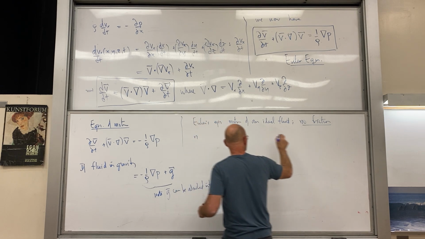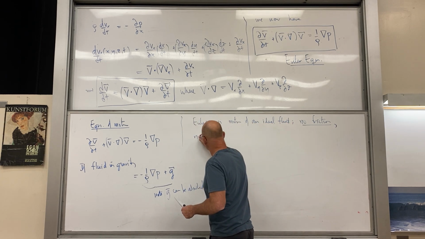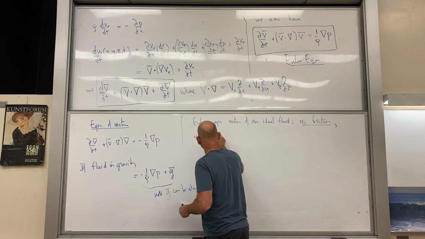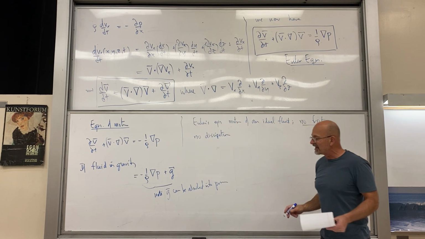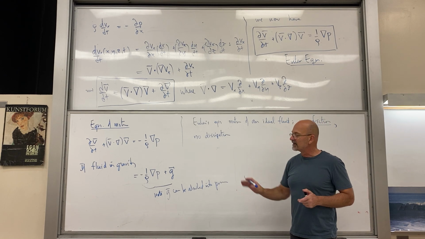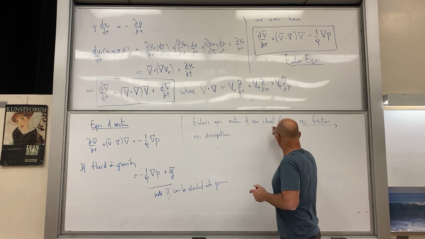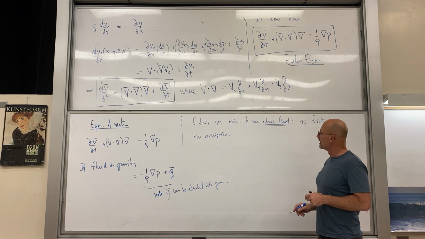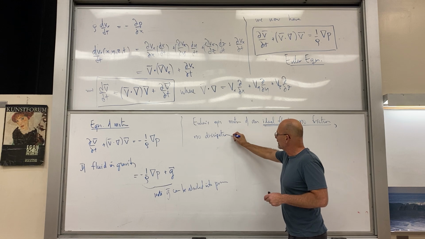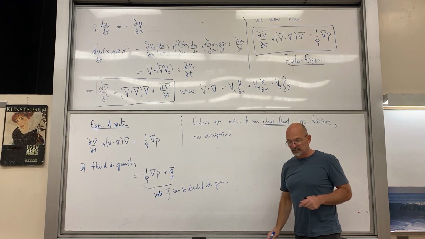No friction is equivalent to saying no energy dissipation. Adding energy dissipation is a pretty complicated thing, but ideal fluids will take us a certain distance. So no energy dissipation right there.